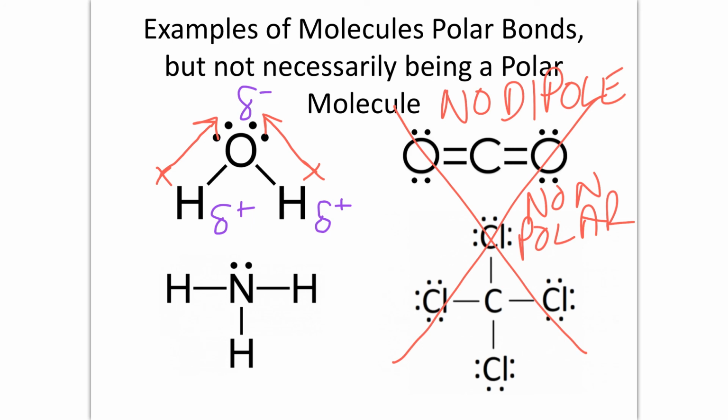One or the other. Now, let's look at the other one that we said was polar. So if we do the arrow again, everything is going to point towards the nitrogen. Right? And we got that. And so if we were to do the deltas again, we would use the purple one.